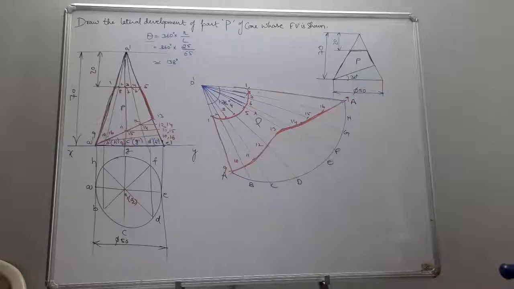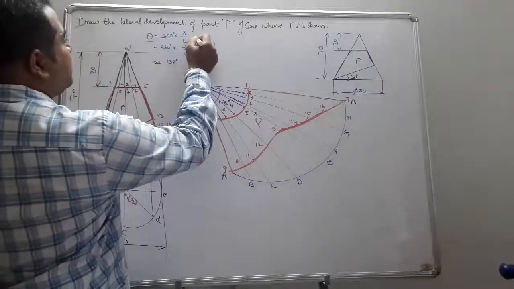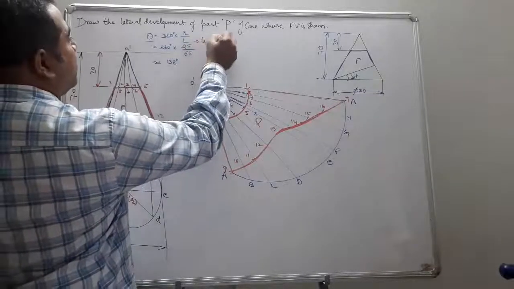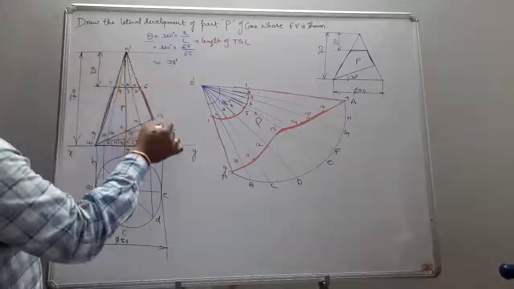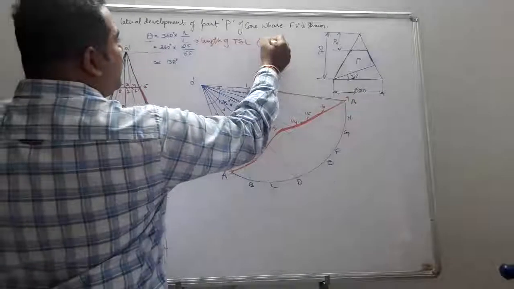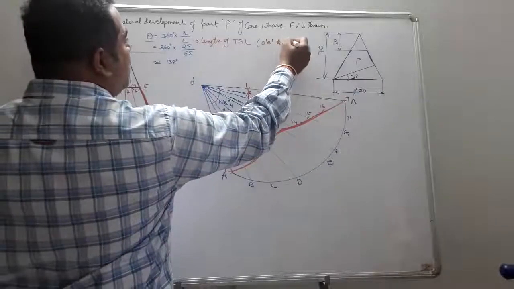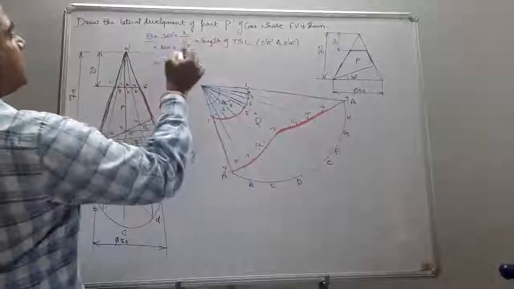Theta value means 360 degrees into small r by capital L. This L is nothing but the length of the true slant, so this length, O dash E dash. R is nothing but your radius.